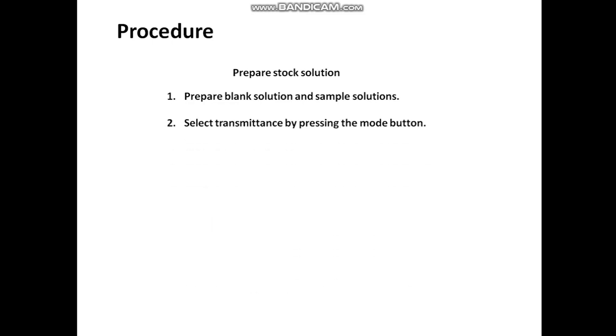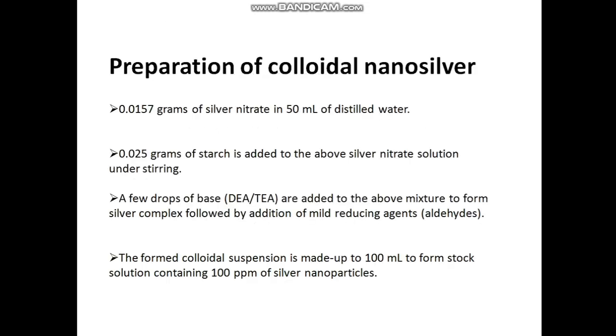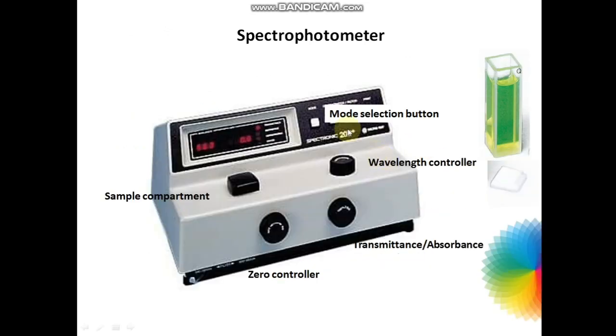Stock solution is prepared. Next, we need to have a blank solution. Distilled water can be used as the blank solution. Then we have to select transmittance by pressing the mode selection button. So here is the mode selection button. Now the blank is ready, and in separate cuvettes the solutions of different concentrations are also ready.